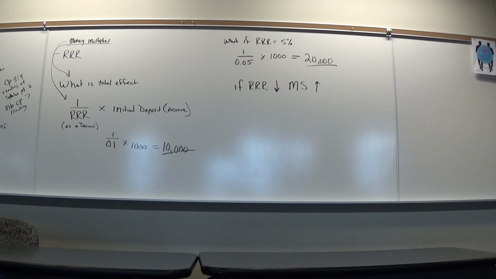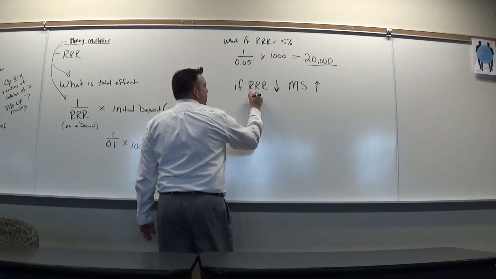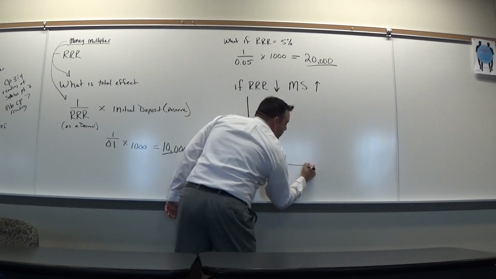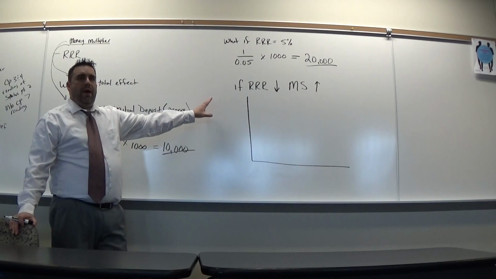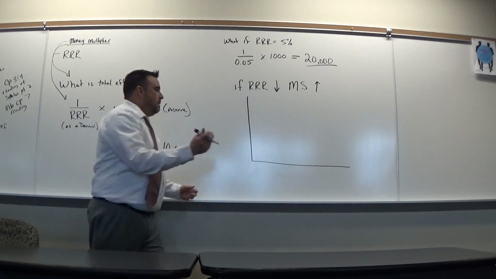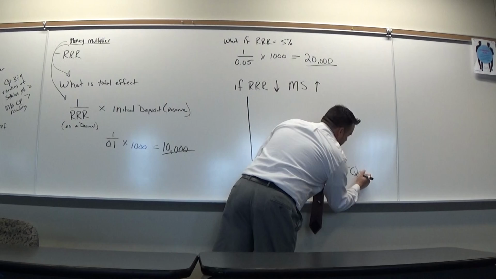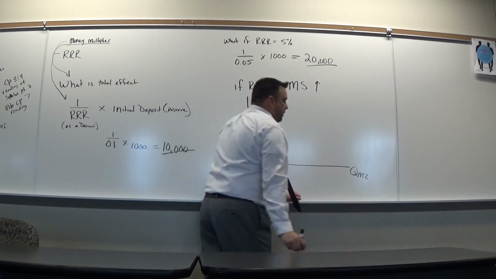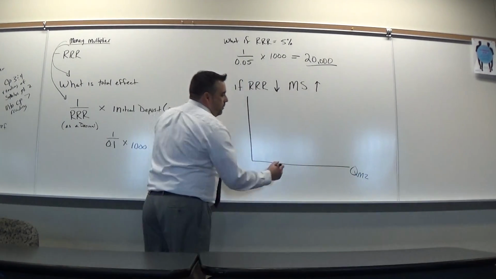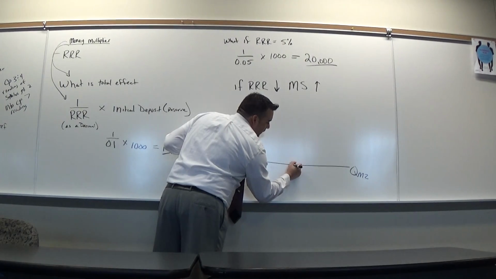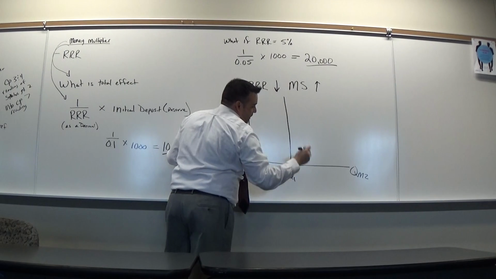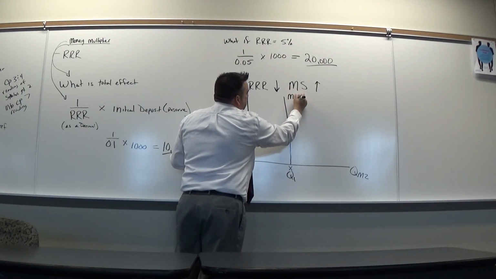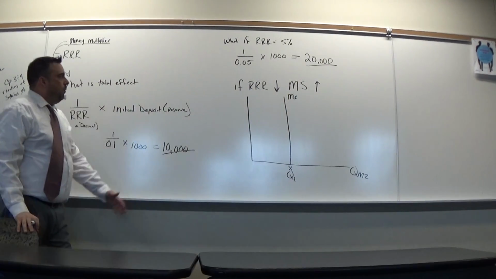We can show this in our graph. Again, we're not too worried just yet about our vertical axes. We'll tackle that whenever we get to money demand. But we said this was quantity of money, quantity of M2. Or you could just write quantity of money. And we said that there was some initial X value, or if you want variables, Q1 for money supply. Well, what happened?